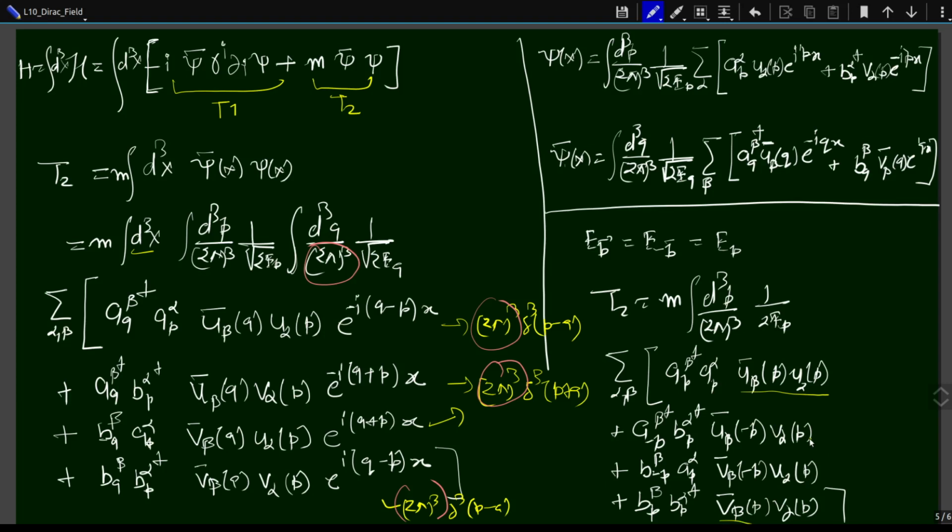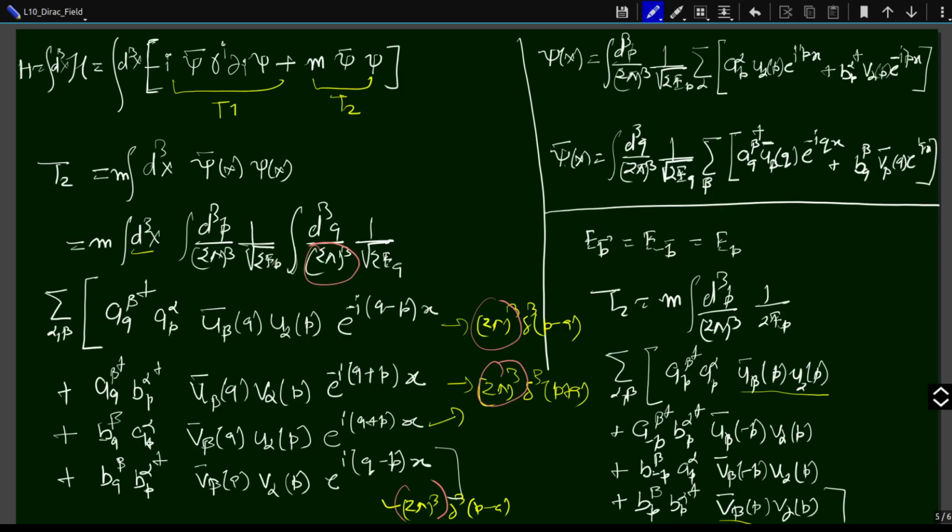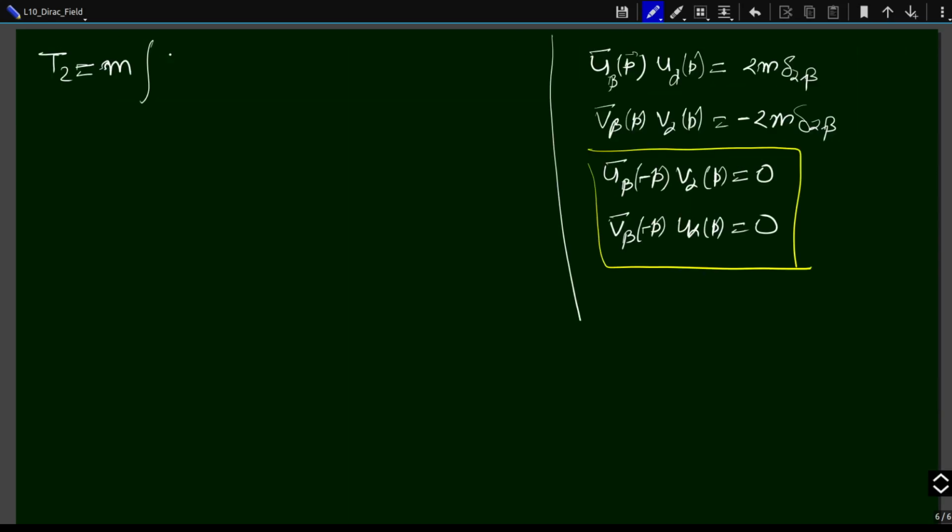So what I have for my T2 is m, and I still have my d3p by (2 pi)^3, 1 by twice EP, and a summation over alpha and beta.